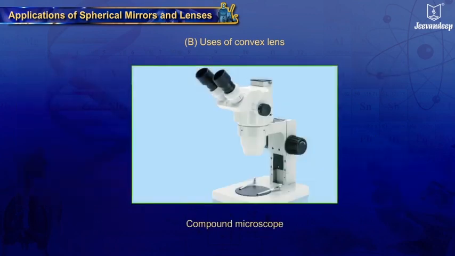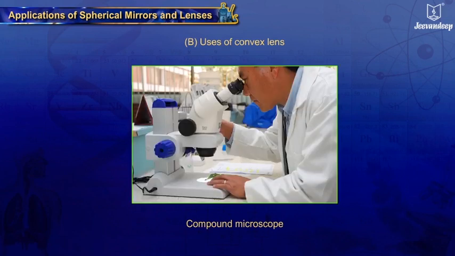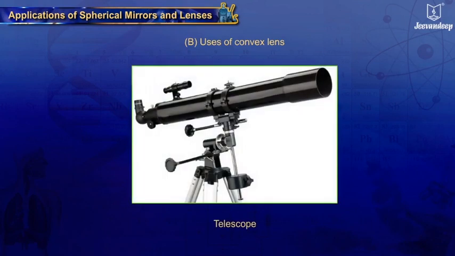Compound microscope. A combination of two convex lenses having short focal lengths is used in a compound microscope. It is used in laboratories for observing microorganisms, cells, bacteria, etc. Telescope. A combination of two convex lenses is used in telescopes.